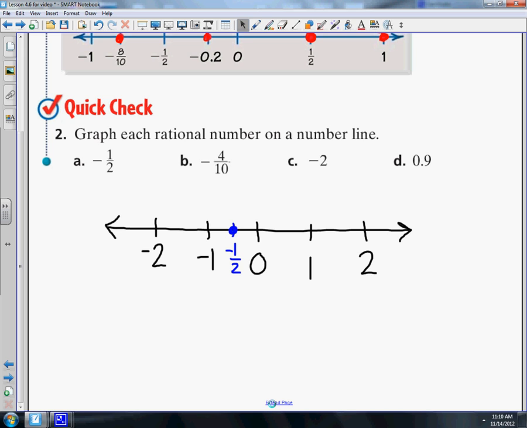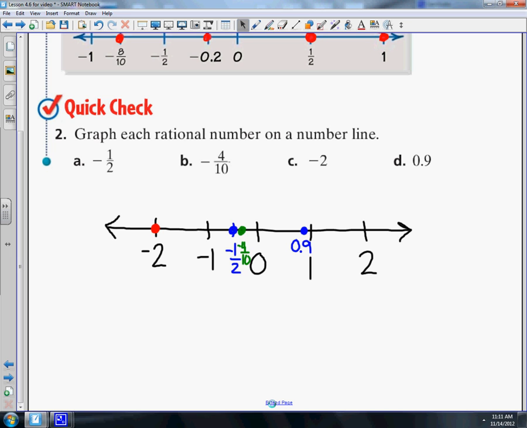Now, negative 4/10 is less than 1/2. It's closer to 0. So I would make a dot here and label that negative 4/10. Negative 2, I can make a dot on negative 2 and it's already labeled. And then 0.9 is almost to 1, and I label that 0.9. They just want you to see where each of them falls on the number line.